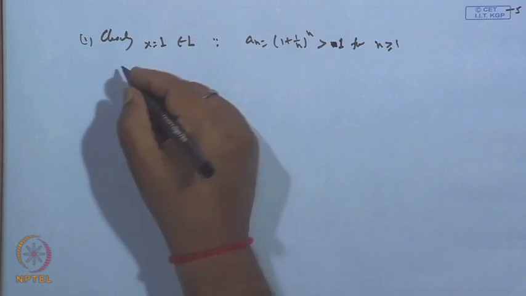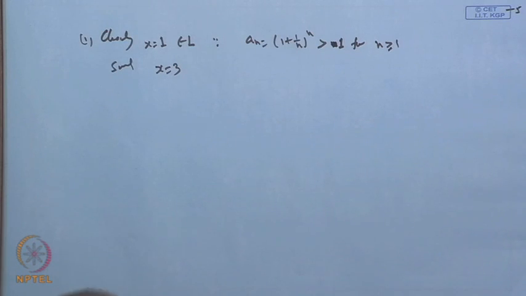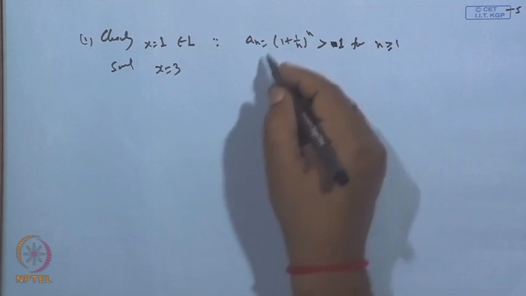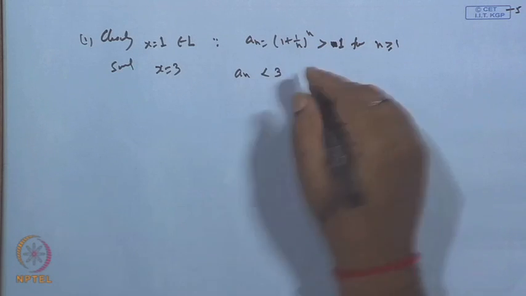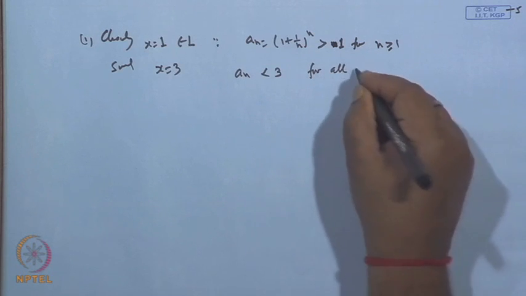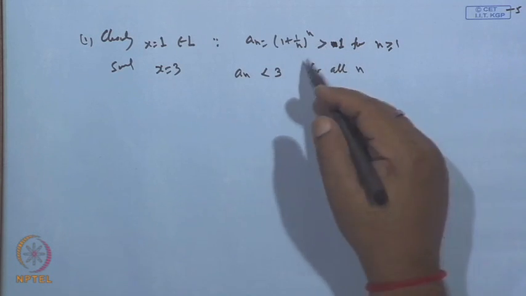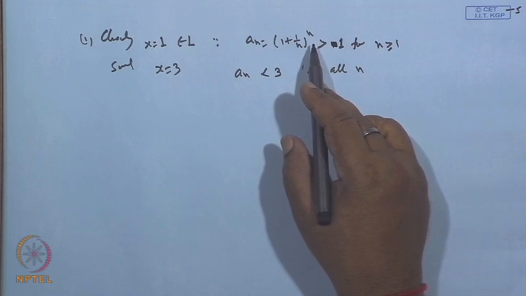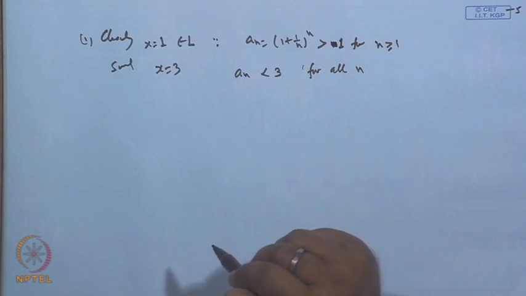Similarly, if I take x equal to 3, then all the elements of a n are less than 3 for all n. For all n, 1 plus 1 by n to the power n, whatever n you choose, it will remain less than 3.